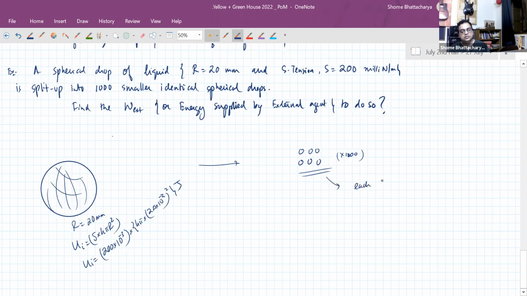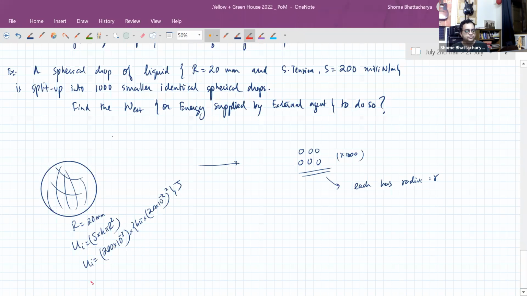So each one has radius, let's say small r. So how much is the radius of each one? 1/100th of a millimeter. Yes. 1/100th of the original, I think. Yeah. Or is it 1/10th? 1/10th. Yeah, 1/10th will be correct. So basically, see what will happen, volume will be conserved.